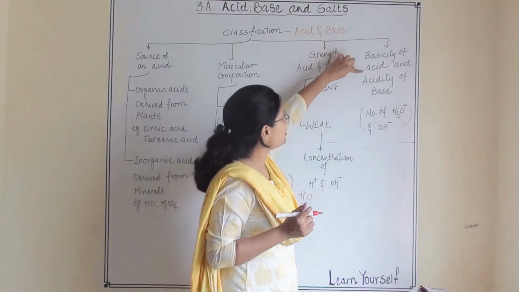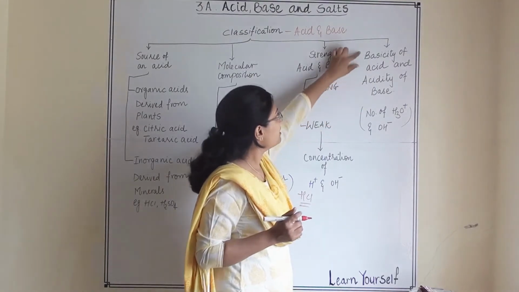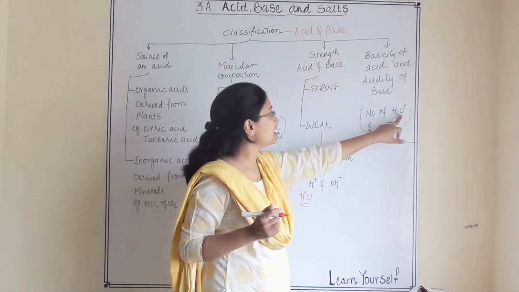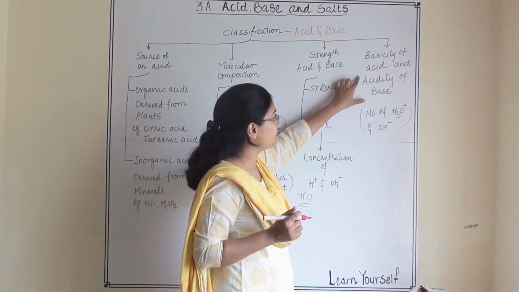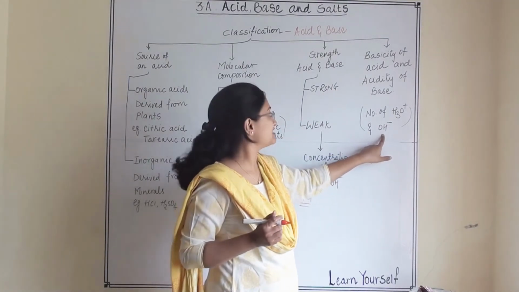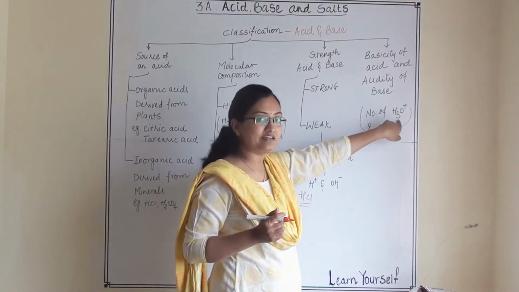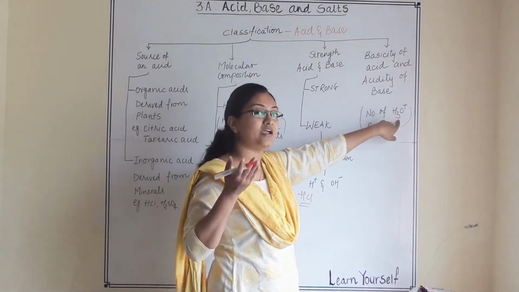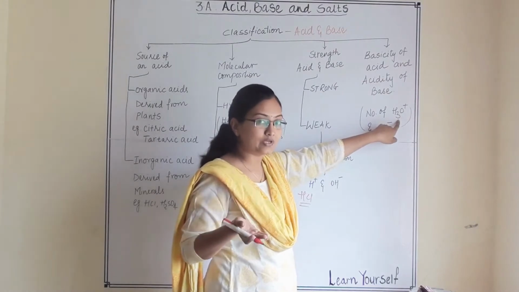Now basicity of acid and acidity of base. How are these two different? When we talk about the basicity of acid, it always refers to H3O plus. When we talk about the acidity of base, it always refers to OH minus. Basicity of acid means how many hydronium ions, H3O plus, will be generated when the acid is in aqueous medium.